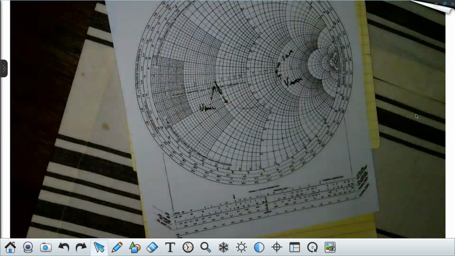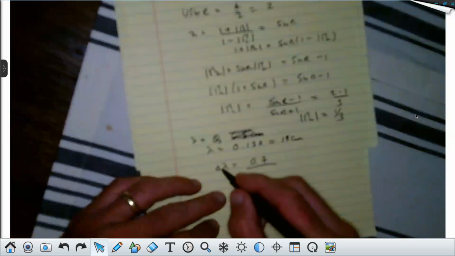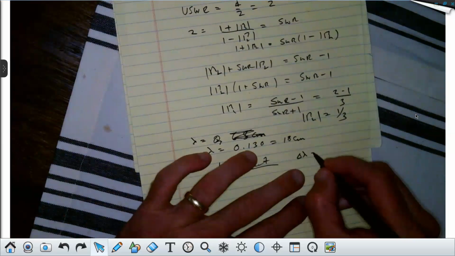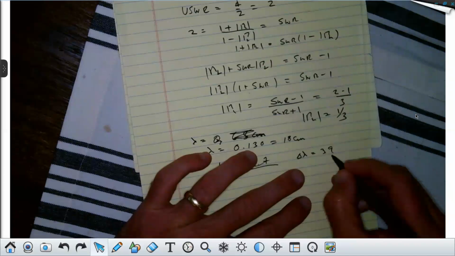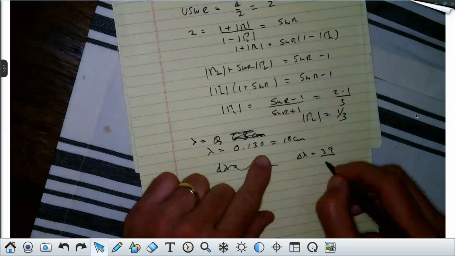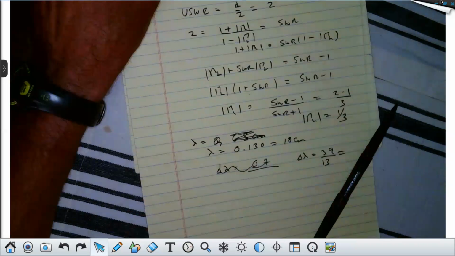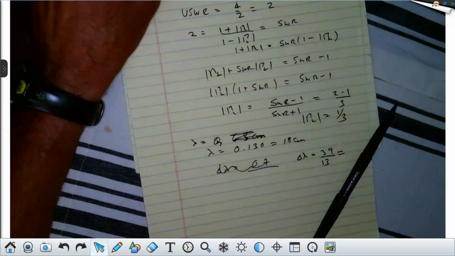Now I have to figure out how many wavelengths that is. So the actual delta lambda I have to move would be equal to 3.9 centimeters divided by 13 centimeters. And what's that in terms of a wave? I'm not sure of, but I can do a calculation, hopefully.